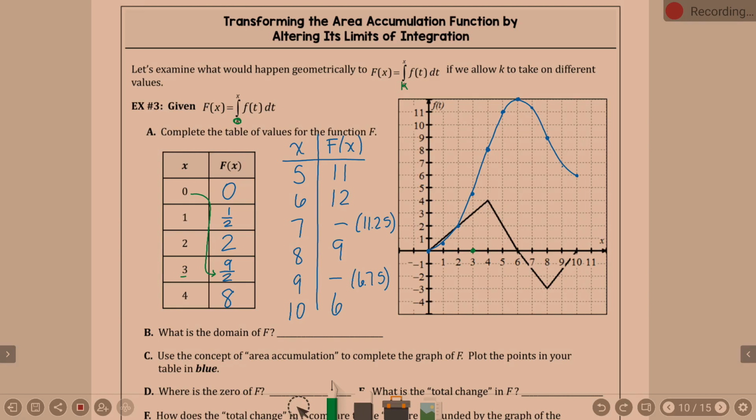Keep in mind, what's that doing? That's taking this graph and moving it down 4.5. All of this is going to move down. Where's that going to put this area of 4.5? It's going to put it below the x-axis. If area is below the x-axis, what's it become?